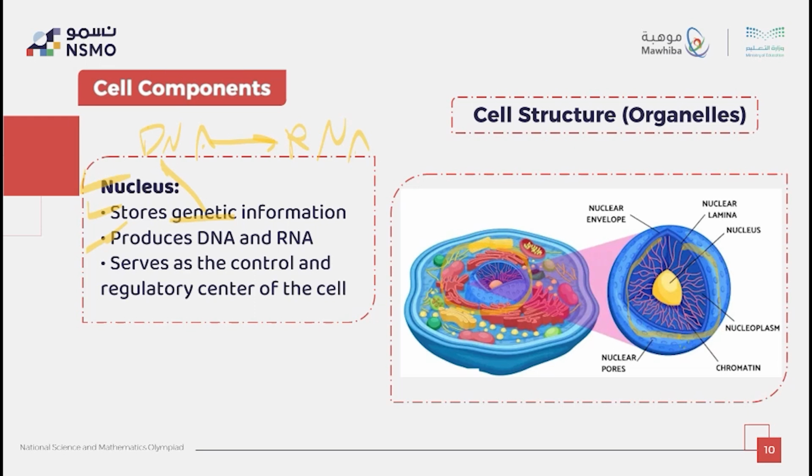The holes here are the nuclear pores, and the material here is chromatin, and that one is the nucleolus. And don't forget, it's responsible for regulating cellular function and cell division. Because of these, we consider it the most important organelle inside the cell.